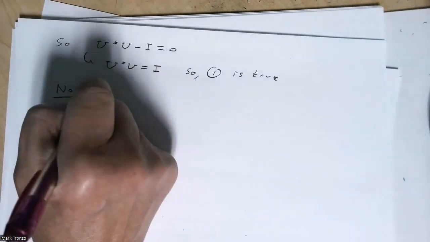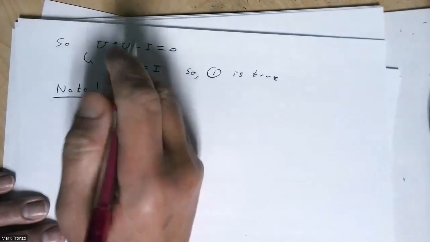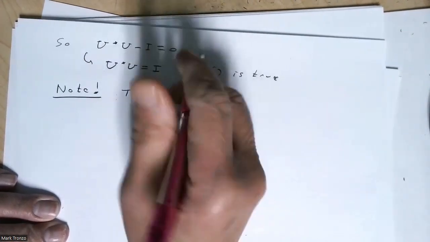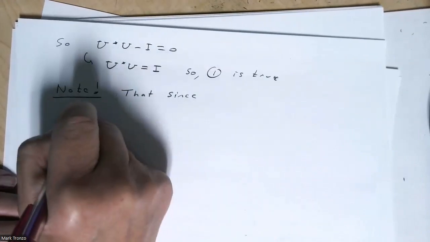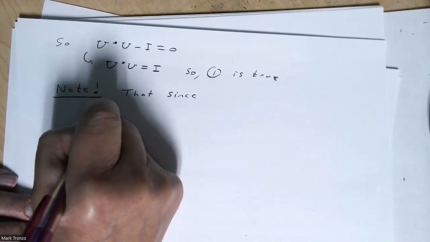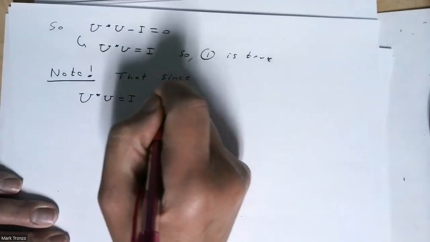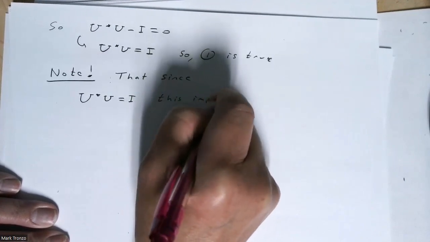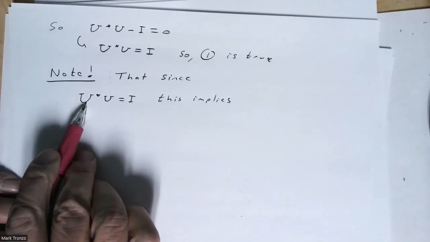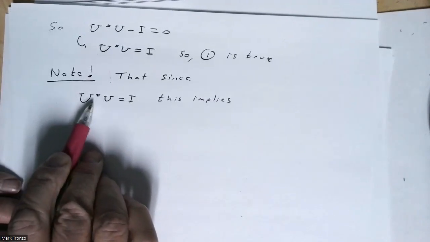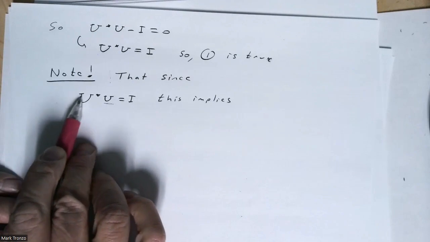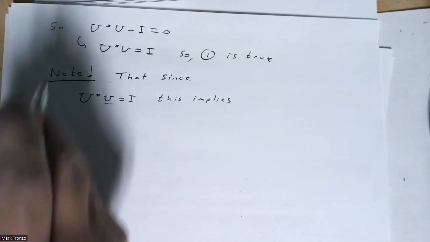Note that since u adjoint u equals I, this implies, of course, anytime you have an operator, transformation, or anything, when you multiply something by u and you get I, that implies that this has to be the inverse of u.